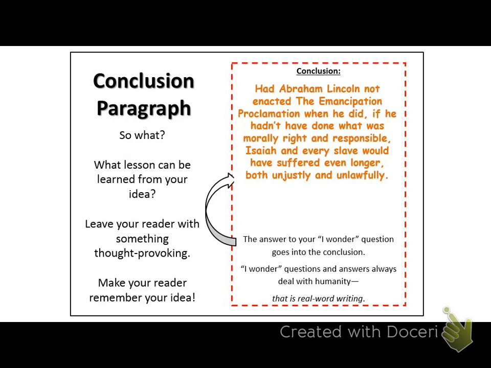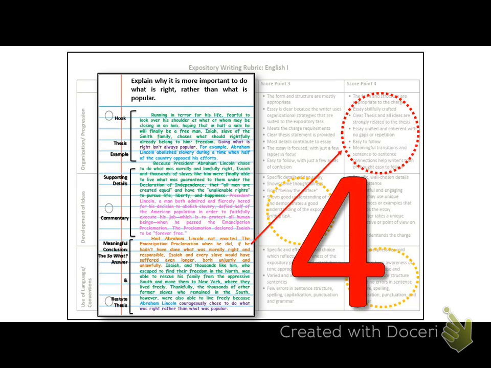So what I did is I took my I wonder statement, combined it with my thesis statement, with my answer to the so what question, and it reads, had Abraham Lincoln not enacted the Emancipation Proclamation when he did, if he hadn't done what was morally right and responsible, Isaiah and every slave would have suffered even longer, both unjustly and unlawfully. That's going to help further prove my thesis statement.